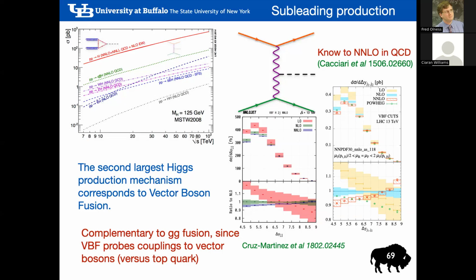Because you radiate these two T-channel vector bosons from the initial state fermions, they would like to keep these two jets very separated in rapidity. And this is not the case for jets produced from gluon fusion, where they don't have this large rapidity separation. So you can set up kinematic cuts that isolate VBF in favor of the background, which is happy for everybody.